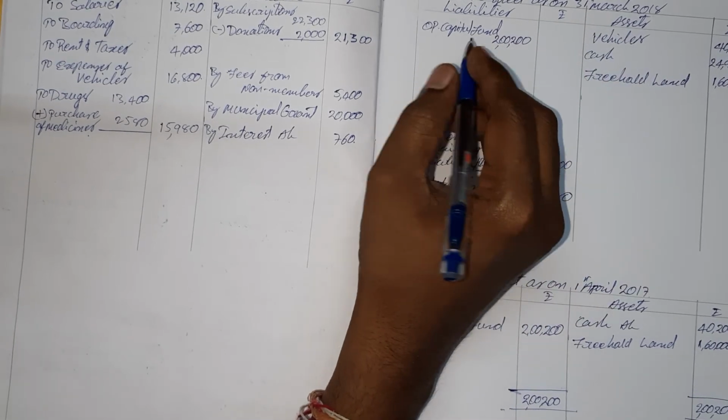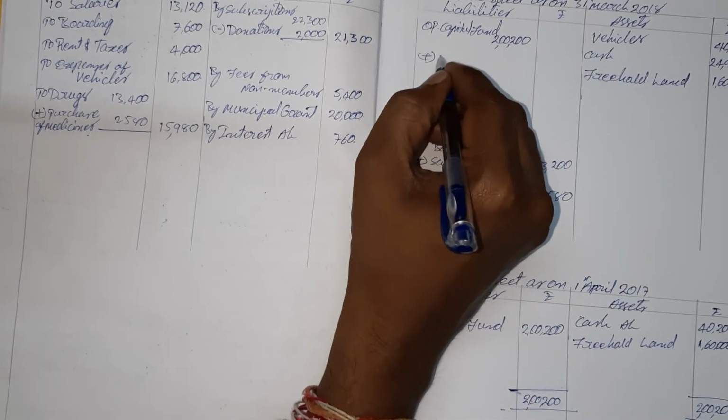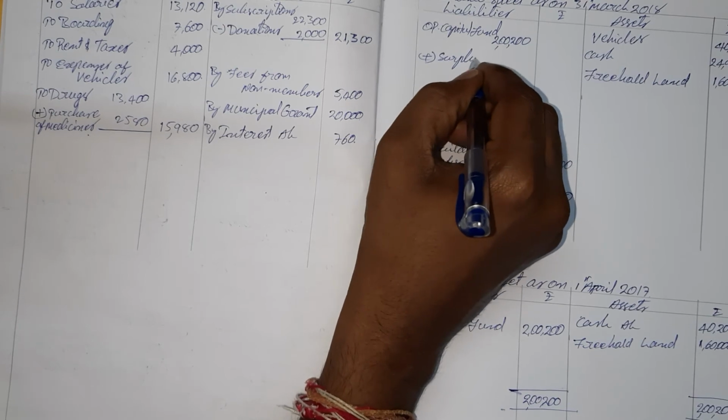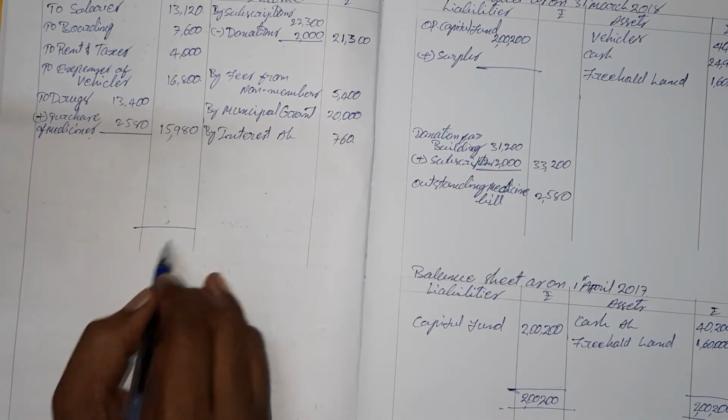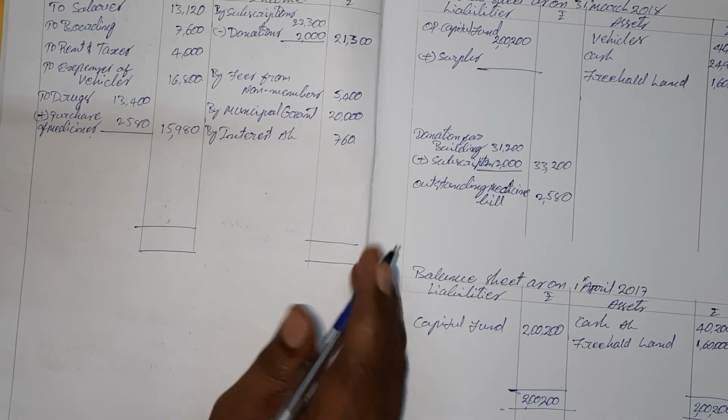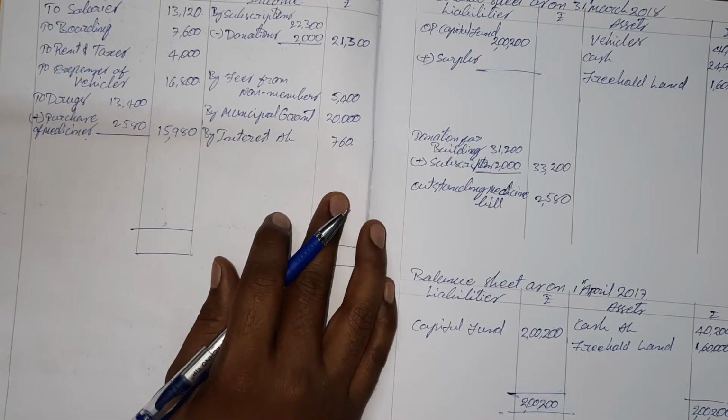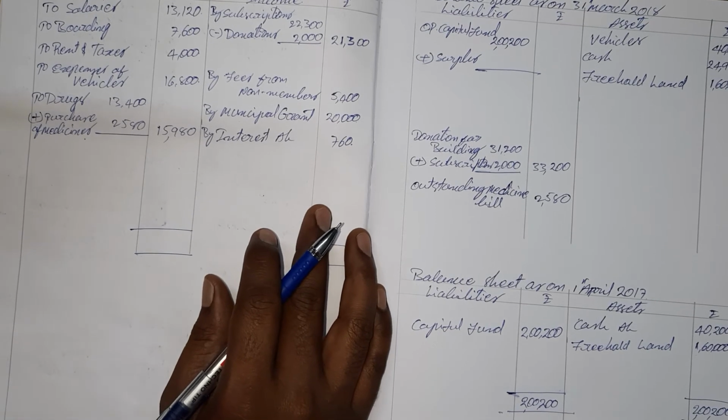To this 2,200,000 you should add surplus or deficit. So now you can compute whether it is surplus or deficit. Once you check it.